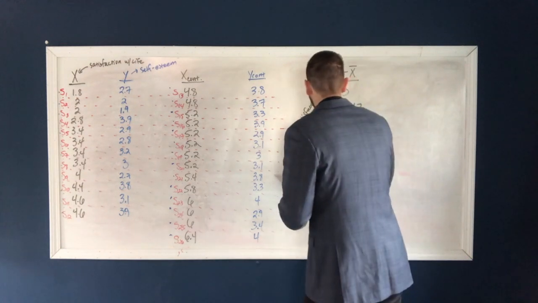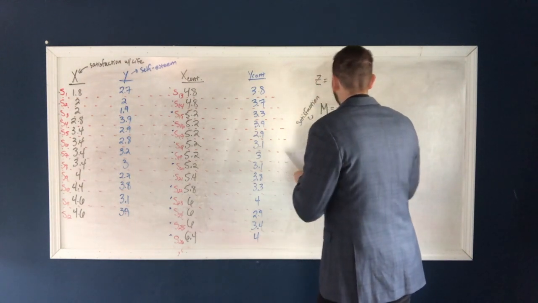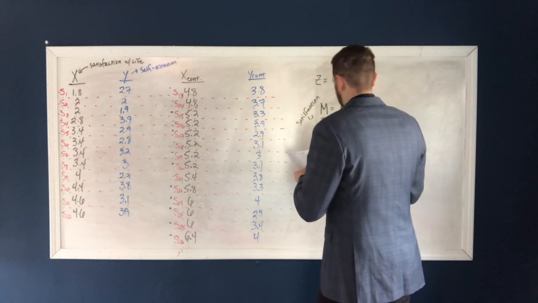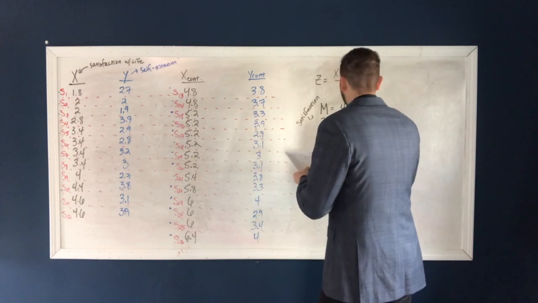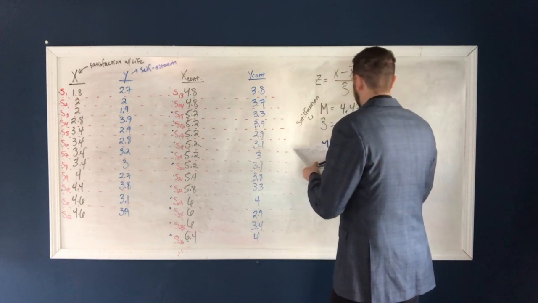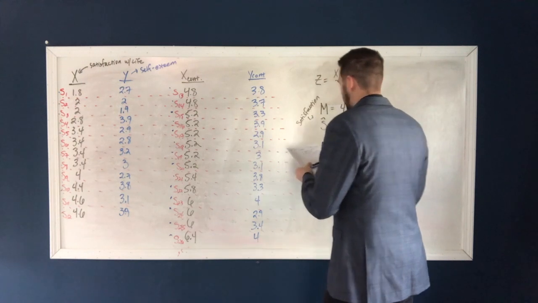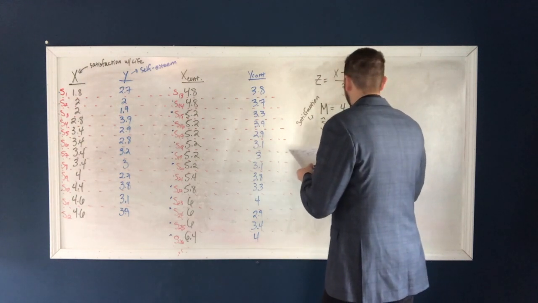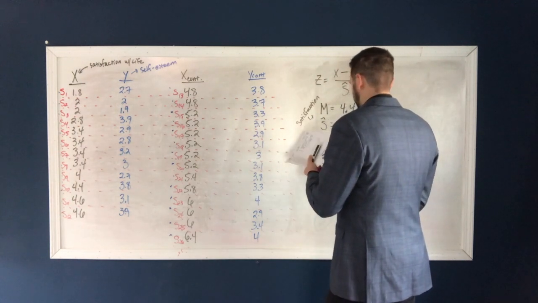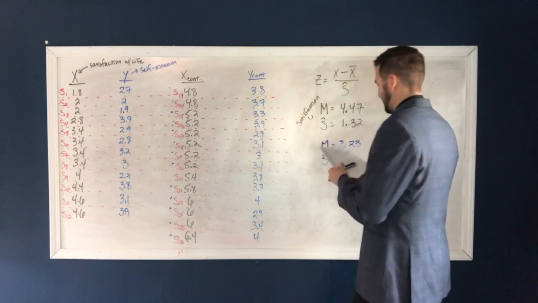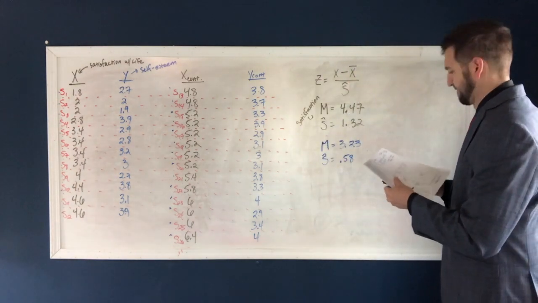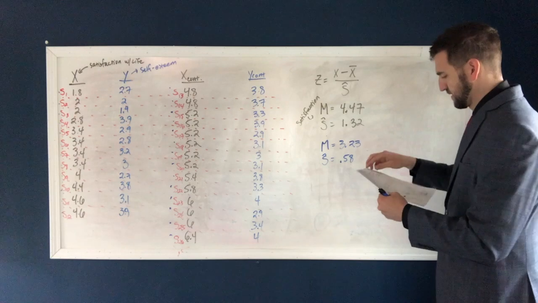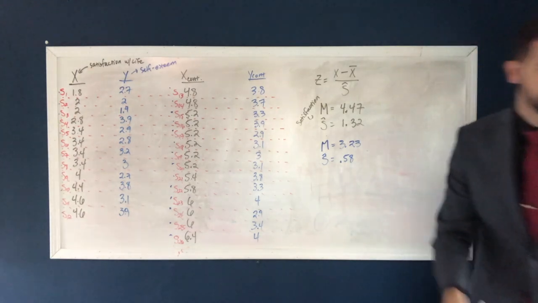And for self-esteem, the mean is going to be 3.23, and the standard deviation is going to be 0.58. Okay, I think we're in business there.